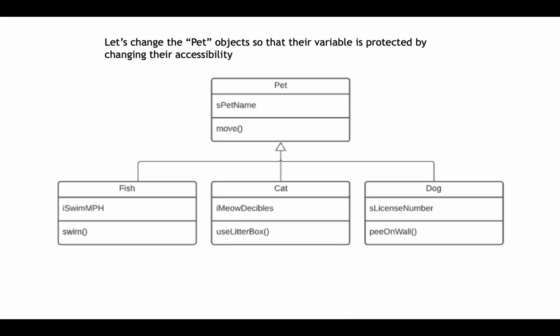Okay, so let's use an example to work with to demonstrate the use of private variables or accessibility modifiers. Up at the top of this class diagram, I have the idea of a pet. Let's go ahead and write the code for this in JavaScript and then iteratively improve it until it's protected.